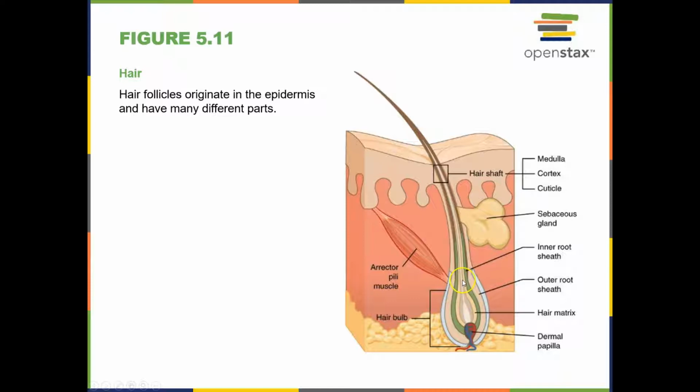But as we move out, hair is just a modification of keratinocytes, and as it moves out, the cells become completely keratinized, and so by the time the shaft pops out, you have dead cells, which is why you can cut hair without any pain. But down here we do have living hair, so when you yank hair, it does hurt because you're pulling and hurting that living tissue down here.